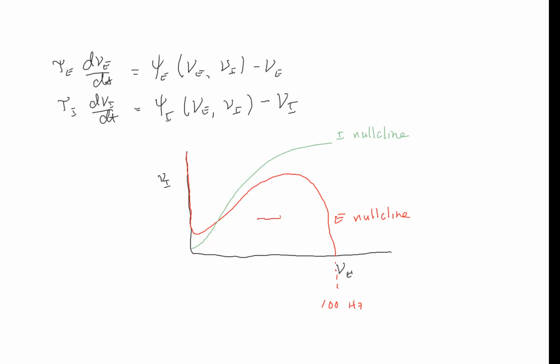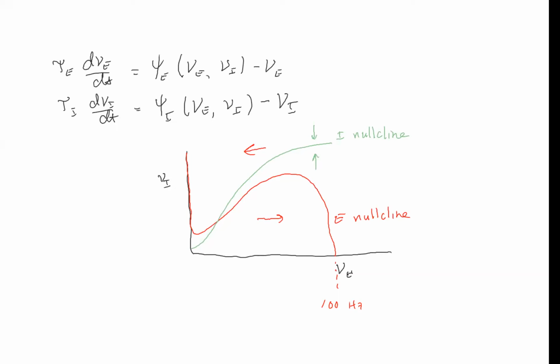So these arrows indicate the direction of ν_E changing if ν_I was fixed. And then there's equivalent arrows for all I nullclines that go like this. And so these really aren't vector fields. The actual vector field looks something like this, right?